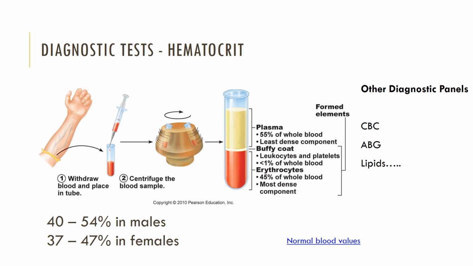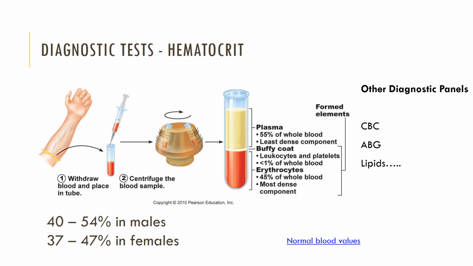Now let's discuss some diagnostic tests associated with erythrocytes. Hematocrit is also known as packed cell volume and is the percent of red blood cells in whole blood. In males, the hematocrit will range from 40 to 54%, and in females from 37 to 47%.